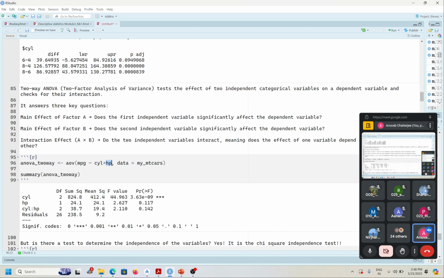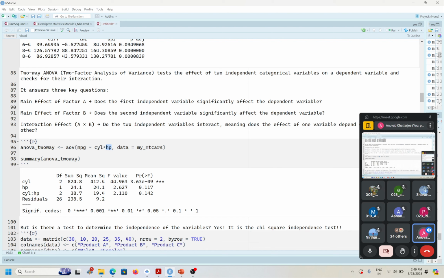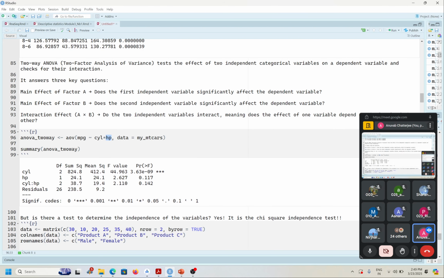The other question that you can ask is, do cylinders and HP both play a role towards mileage, or is it that only cylinders determines the mileage and not HP? When you run a two-way ANOVA, you can answer all these questions. So I want to find out if mileage depends on cylinders or the HP or both of them together.